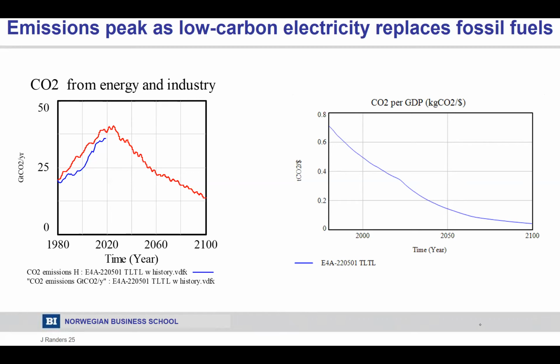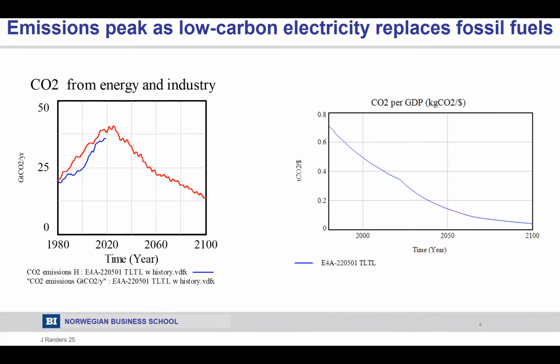Our surprise-free forecast basically believes that we will reach a peak in CO2 emissions relatively soon, and then decline. That comes out of all the assumptions that I've gone through thus far.